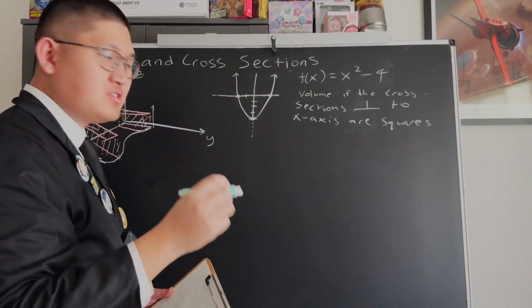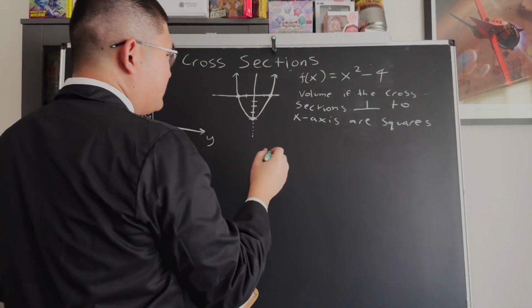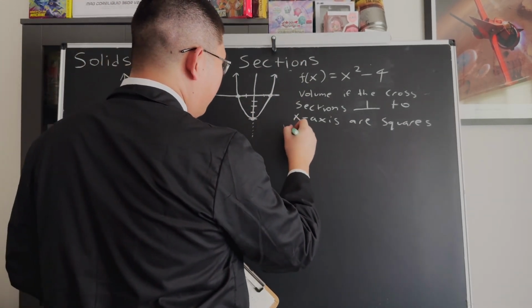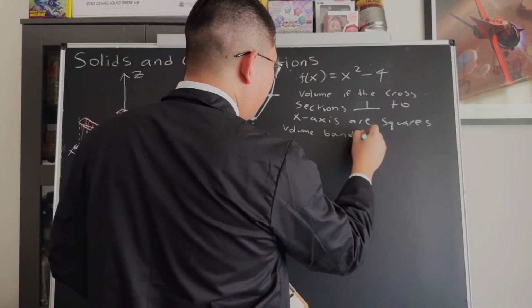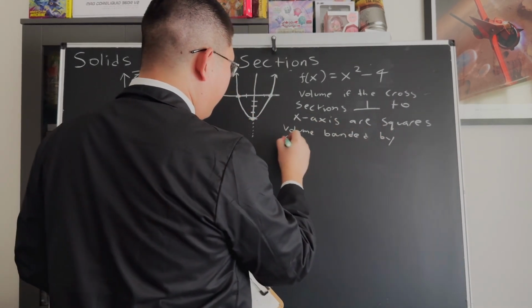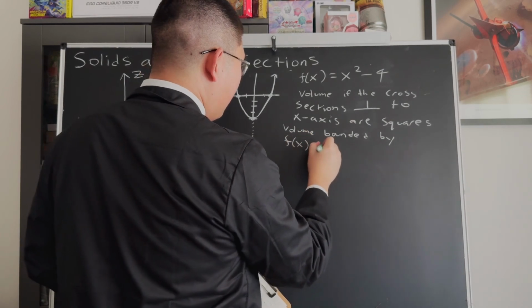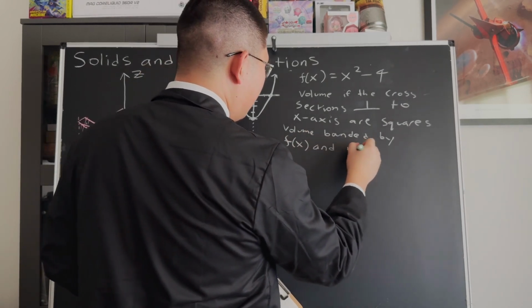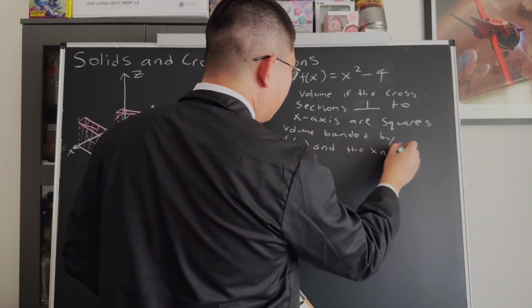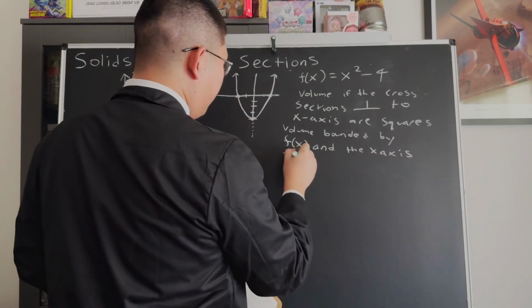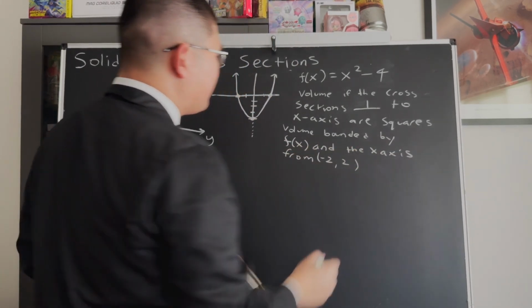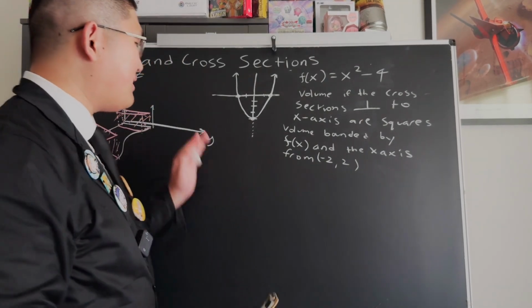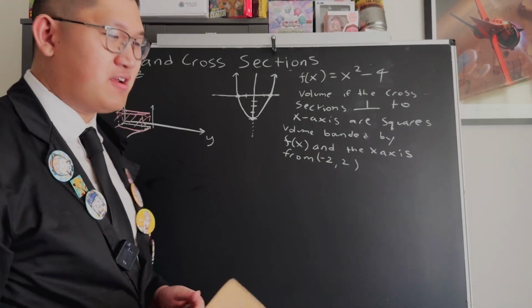Okay, and of course, in this case, they are asking specifically for the volume bounded by f of x and the x-axis, right, from -2 to +2. Okay? They will tell you exactly where they want to find this area.